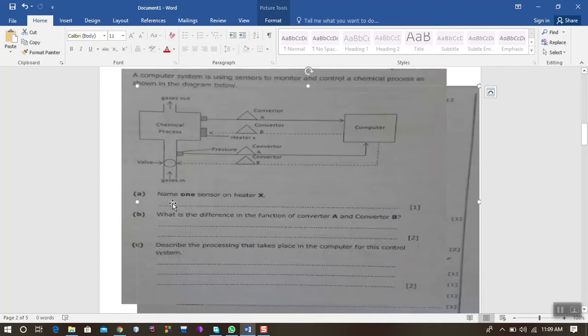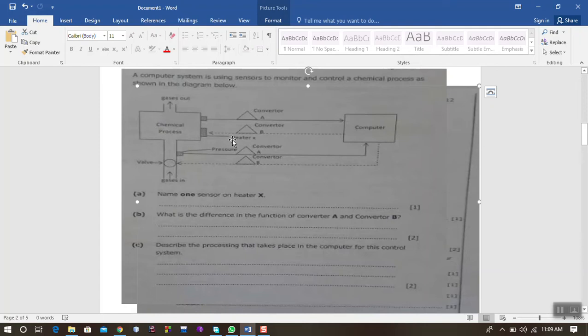Then the question that they're asking is, name one sensor on heater X. Where is the X from this diagram? There is that, and there is that, and there is that. So name one sensor on heater X. I actually cannot see where the heater is. It is B, A, oh there it is, heater. So this is the heater. Name one sensor.